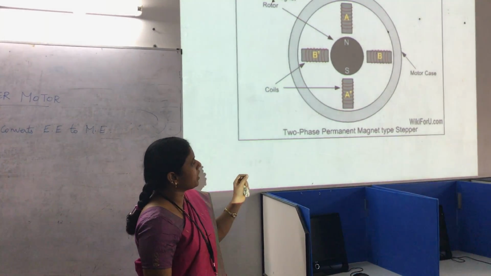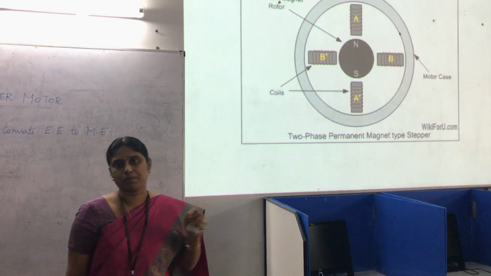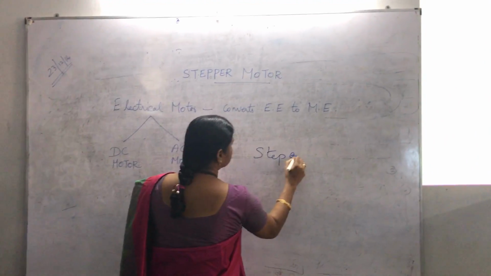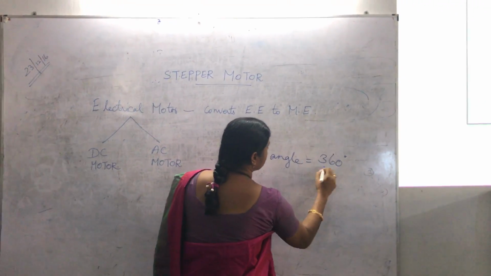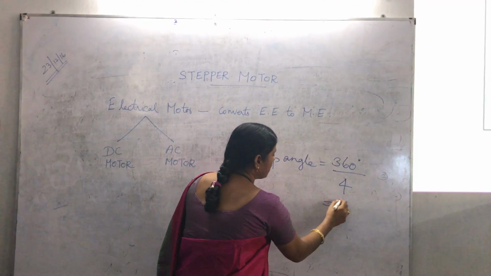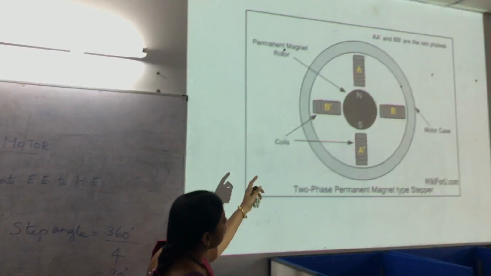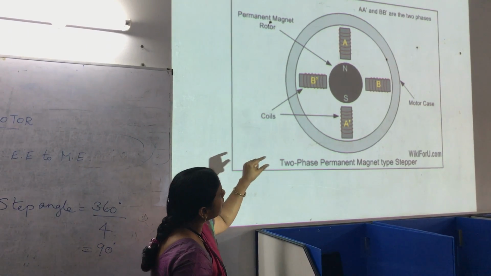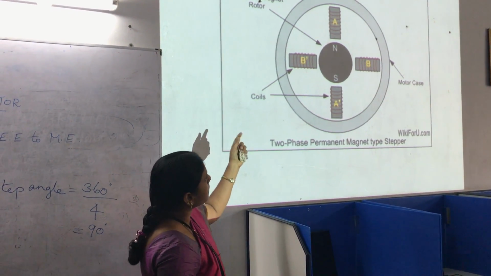We again have various types of stepper motor. Based on the number of steps, we can calculate the step angle: the total 360 degrees divided by the number of steps gives the step angle. In this case, there are 4 pole magnets, and inside that the permanent magnet rotor is situated.